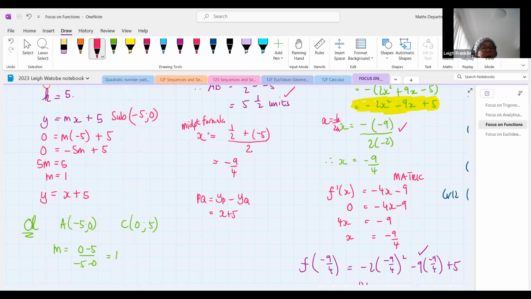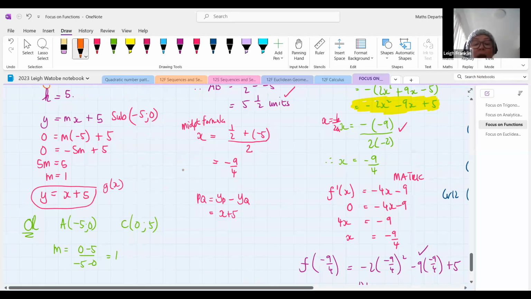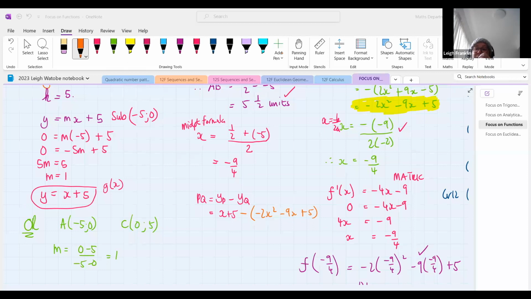That is the y at P. Remember, this is the equation of g of x. Okay, the y at Q is going to be the equation of the parabola. So now I'm going to have to minus -2x squared minus 9x plus 5. Oopsie, bracketed too soon. Does that make sense to everybody?